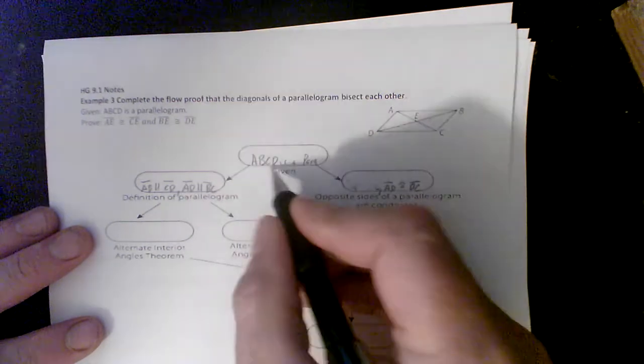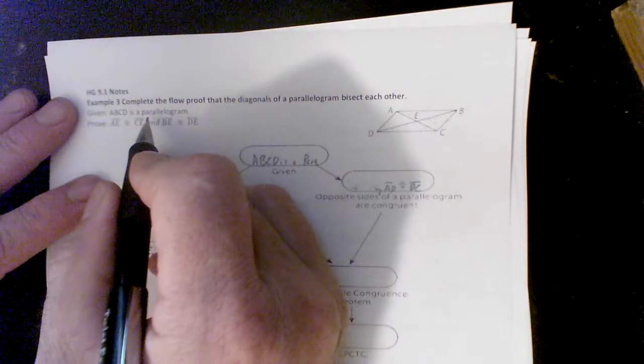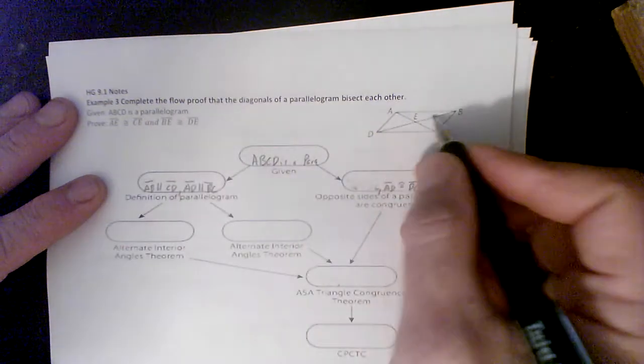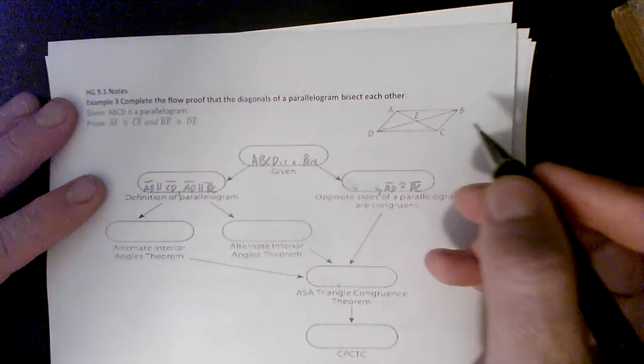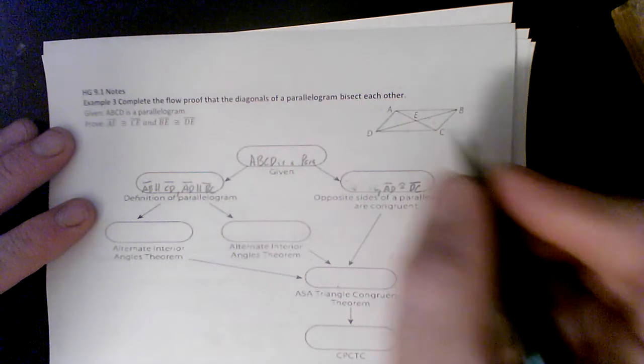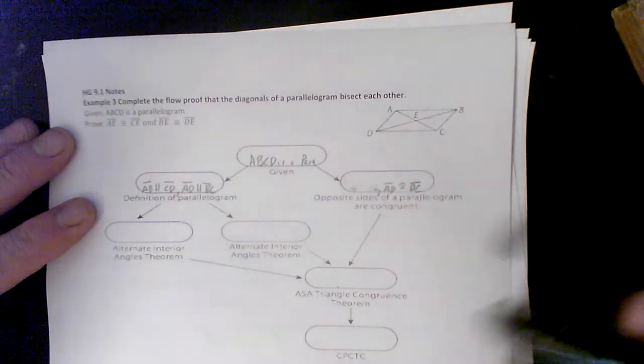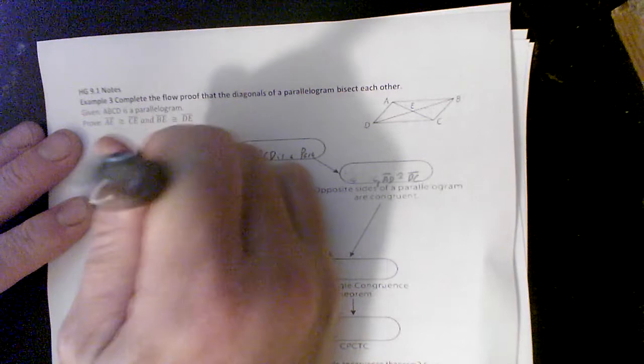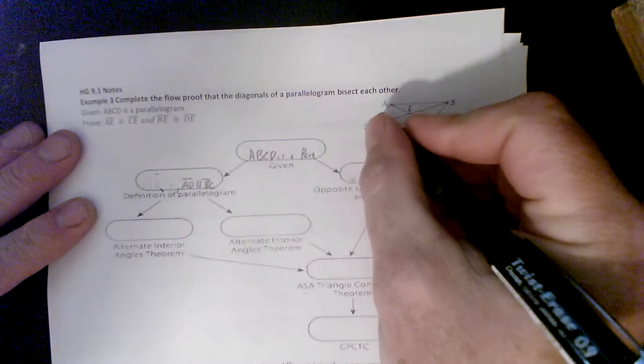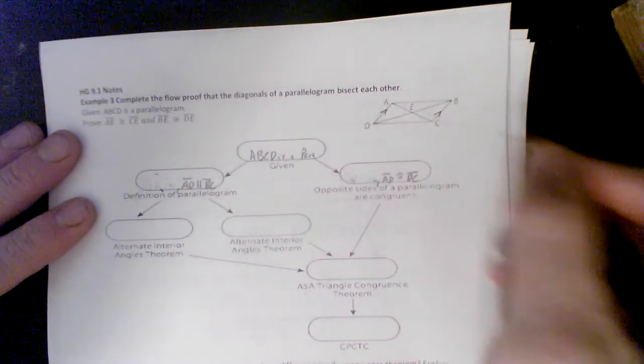The first thing is ABCD is a parallelogram. That's given up here. And now what we want to prove is these diagonals bisect each other. So let's start by proving triangles. I actually don't need all of these, so I'm just going to say AD, this one right here, is parallel to BC.